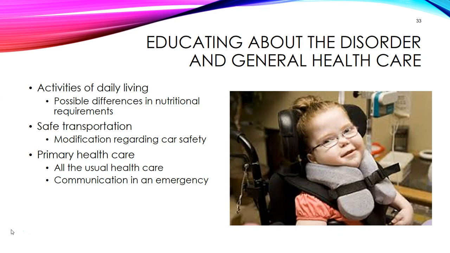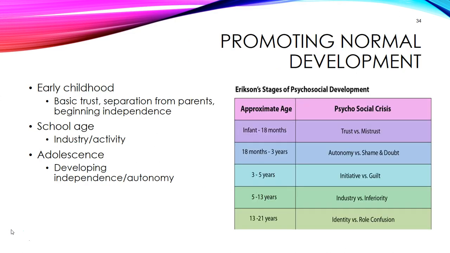Depending on the disorder, the child may need a special car seat to allow them to sit in a car. They may need wheelchairs. They may need other devices to help them ambulate or even help with their ADLs. So getting those resources for those patients is very important.